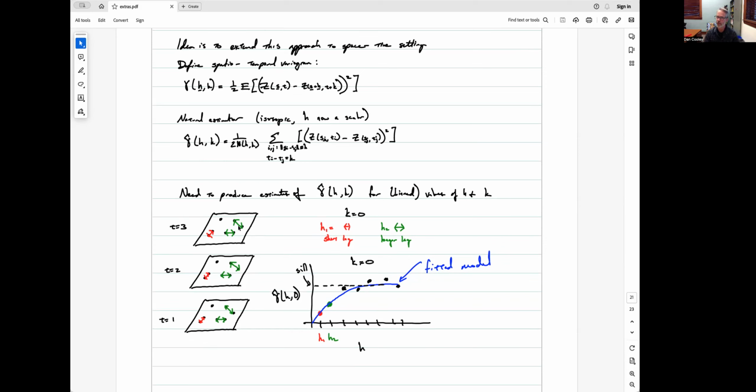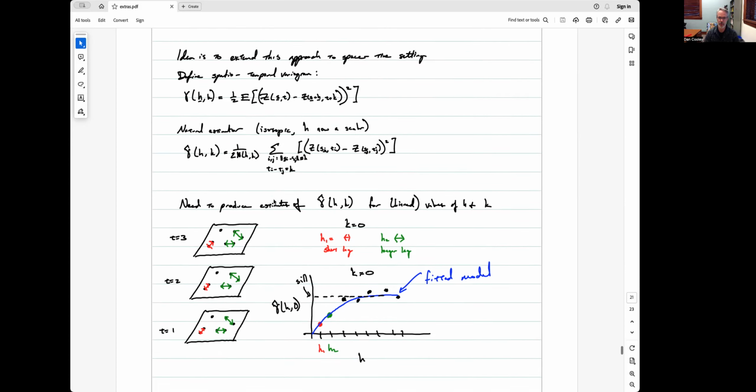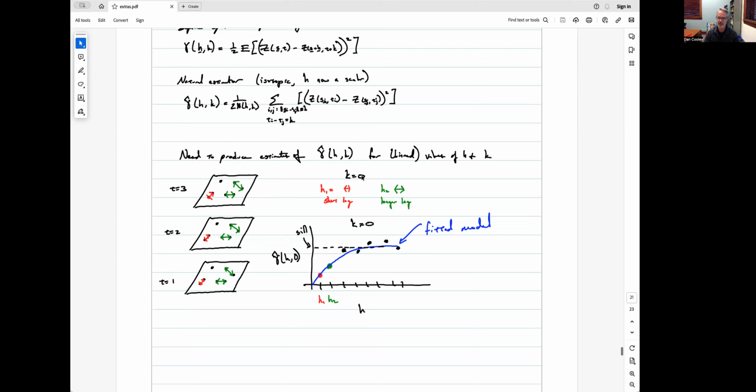So the way I think to picture this is basically imagine we're doing a variogram estimator for different lags k. And so what I'm trying to show in this picture is specific for k equals 0. So imagine I've got data, I've stacked it up the way I tend to think of it. And then for k equals 0, what we're looking at is just the data within each slice. And so if h1 is this short lag, this is supposed to be a double arrow, maybe I've got sets of points whose spatial distance is about that.